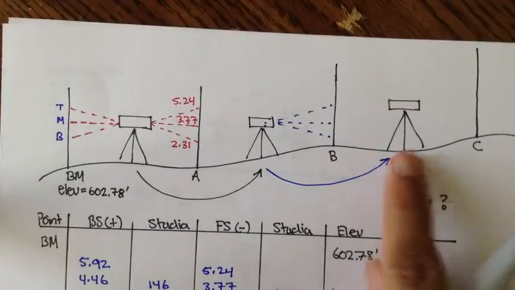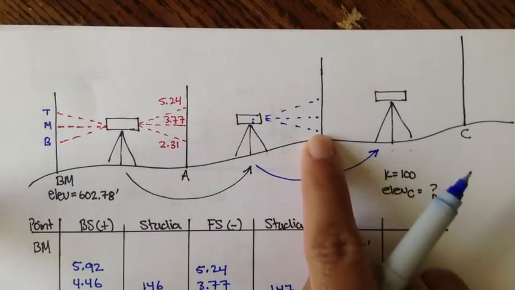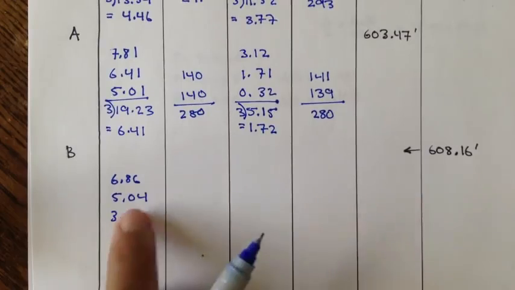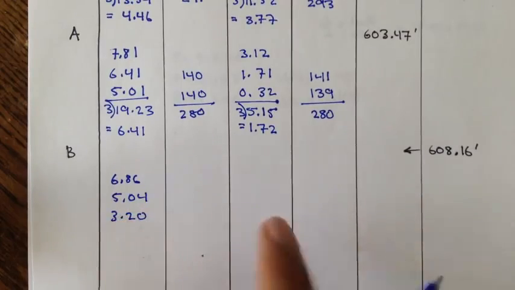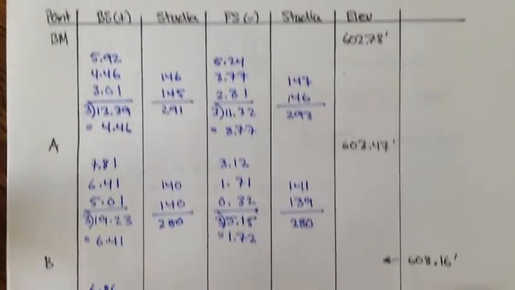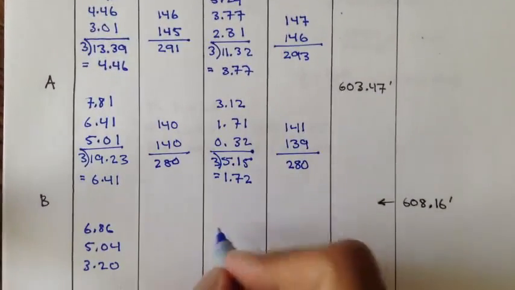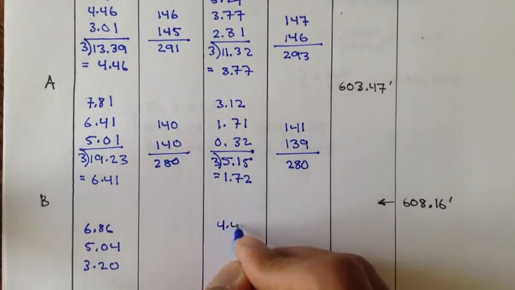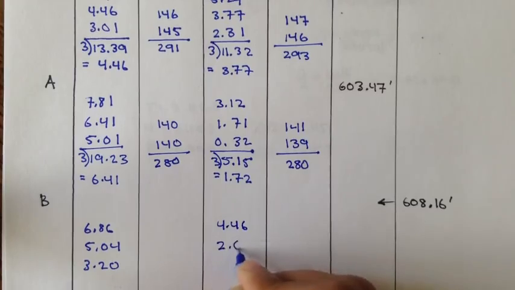So you're at this point and you're backsighting to B, and you read the top, middle, and bottom. For the foresight, you're at this instrument and you foresight to C, and you read the top, middle, and bottom. You get 4.46, 2.62, 0.79.